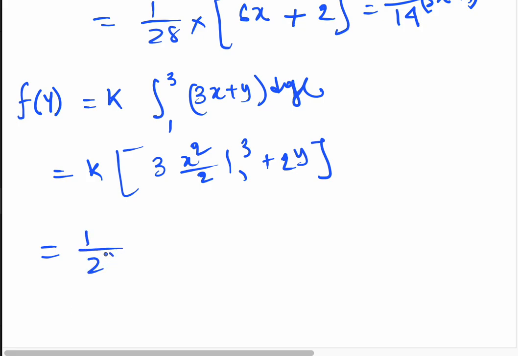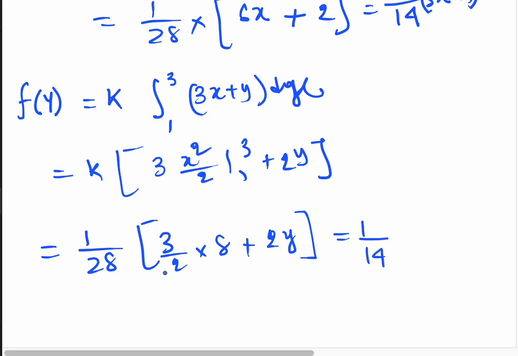This is 1 by 28, 3 into 3 by 2 into 9 minus 1, so 8. Basically this is 8 plus 2y. So this is 1 by 14, this is 4 y plus 6.